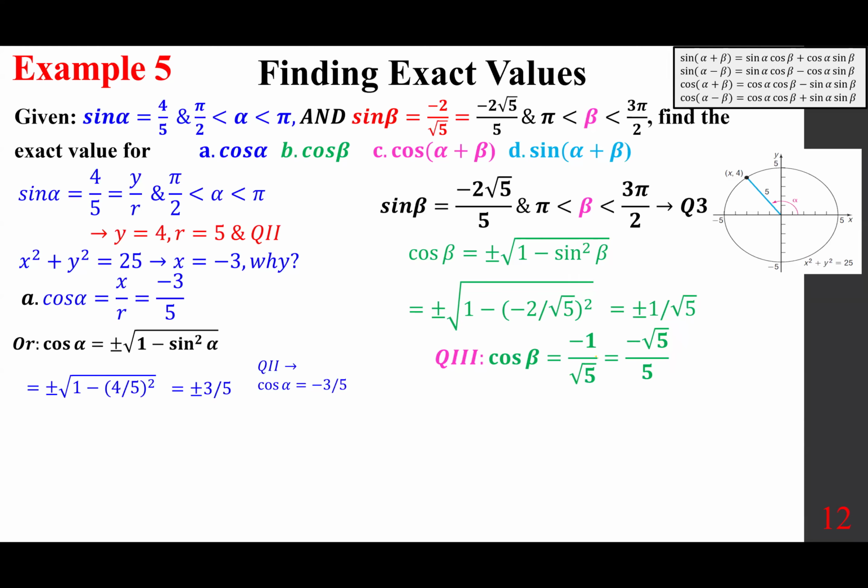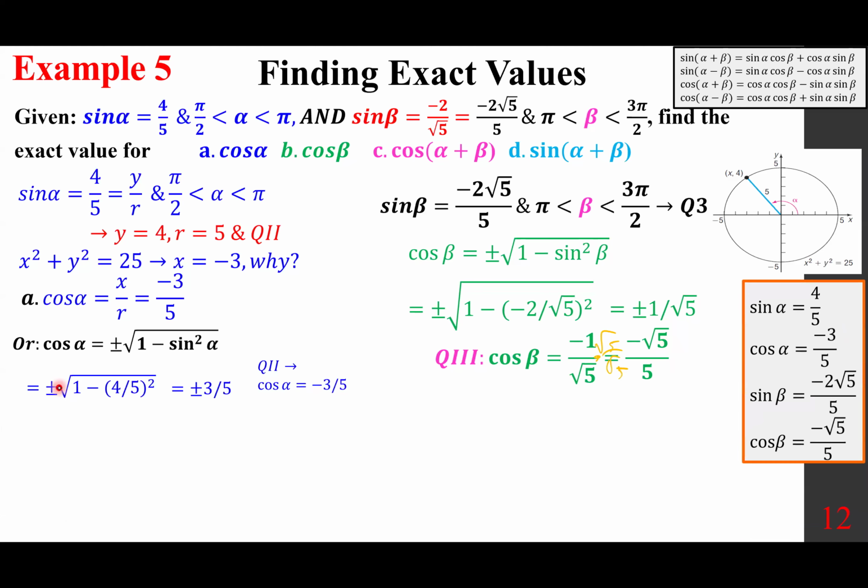So let's write what we have. Sine of alpha was 4 over 5, and we found cosine to be negative 3 over 5. Sine of beta was negative 2 over square root of 5, or negative 2 square root of 5 over 5 rationalized, and we found cosine beta.